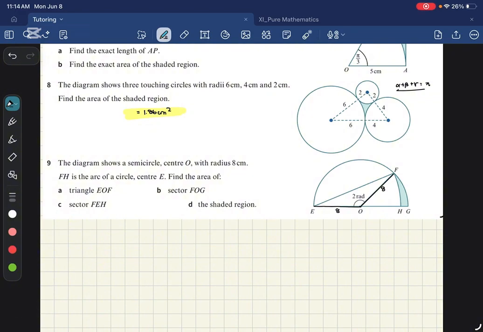What more? FH is the arc of a circle, so this is the arc of a circle, center E. That is something we'll keep in mind. Find the area of triangle EOF. So we are going to find the area of this triangle.